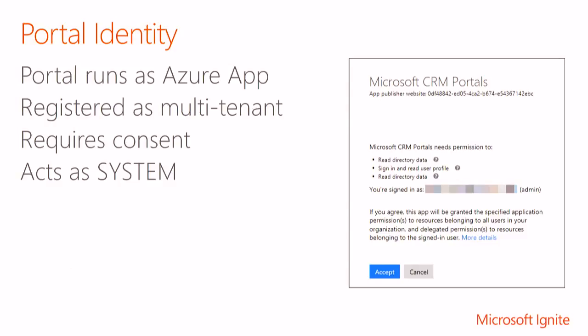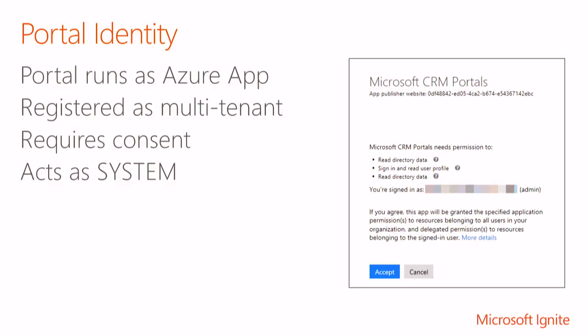Identity, this is quite important during the provisioning. Piggybacking on my talk yesterday, it's important who you're running as and who you're accessing CRM as. The portal runs as a multi-tenant application, so it's one application in Azure, but it's multi-tenant, so it can talk to multiple instances, right? And your instance is one of them.